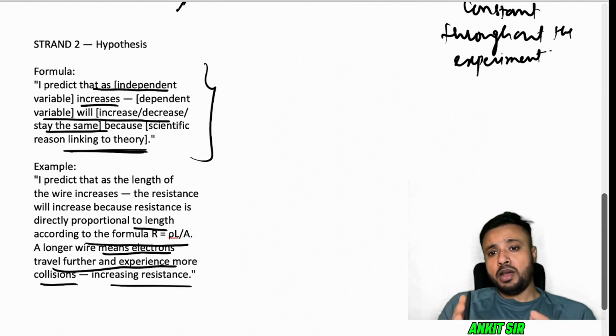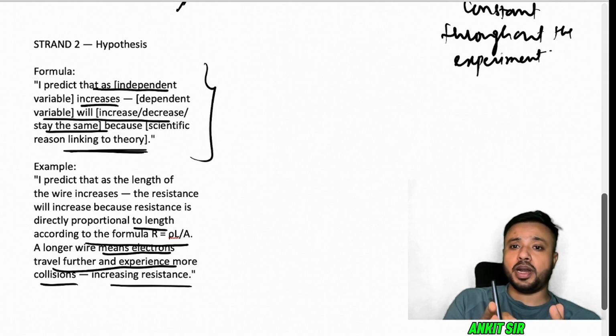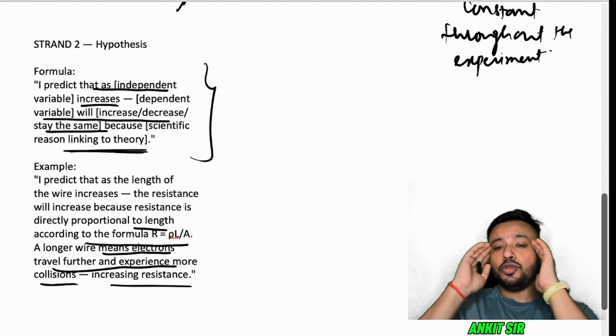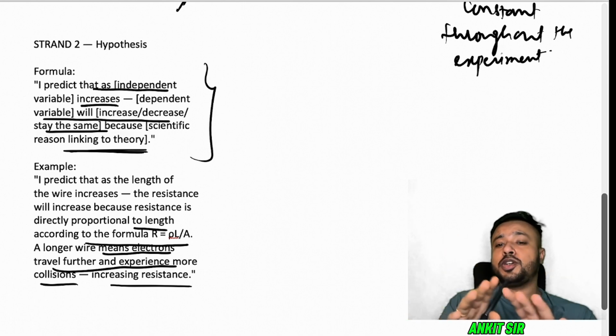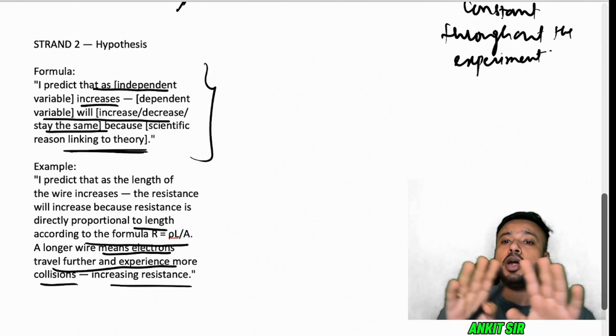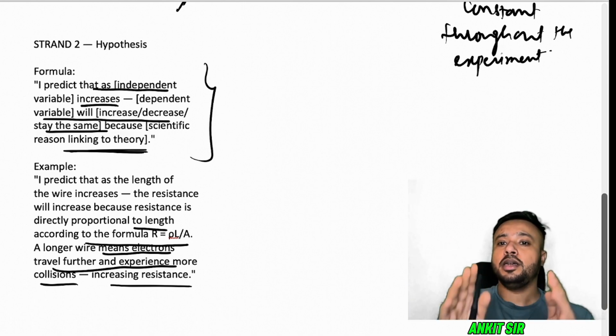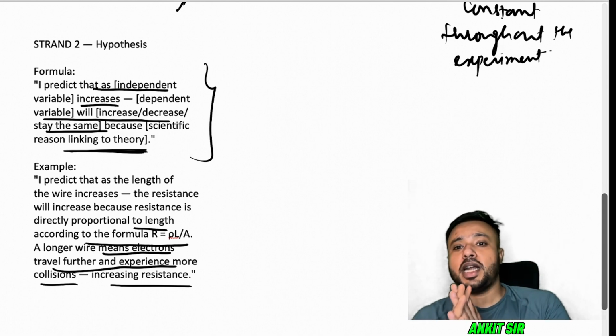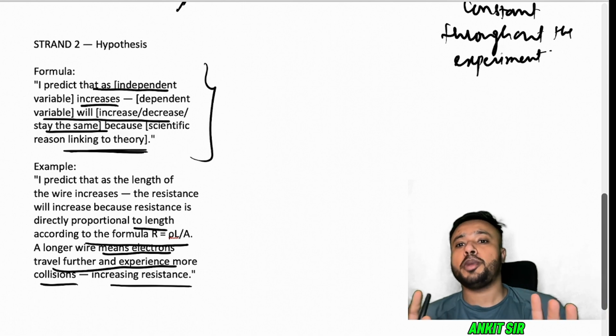You have to read that properly and understand it properly, and assume that not that guy who is being talked about in the question, but you are the one who is doing that experiment, and think as per his mentality. Then you have to decide the IV, DV, and CV. And once you decide IV, DV, CV, guys, 60% of criteria B is done. You will automatically get 60% marks easily if you just follow the format which we are discussing in this particular video.